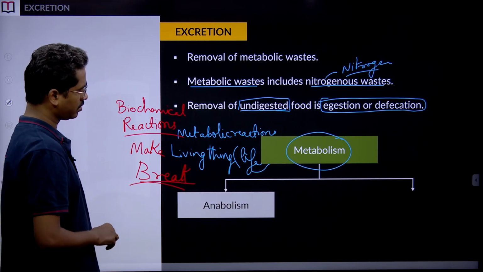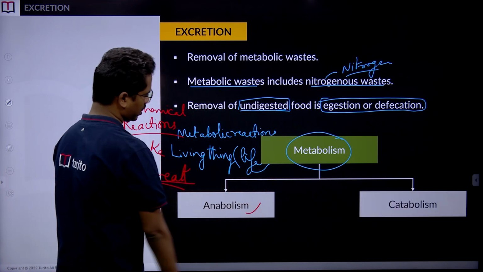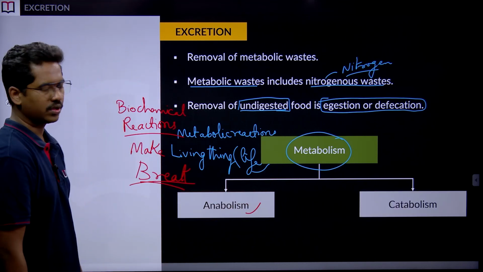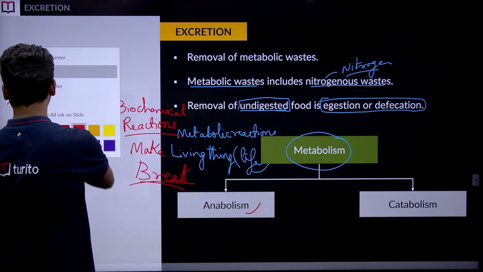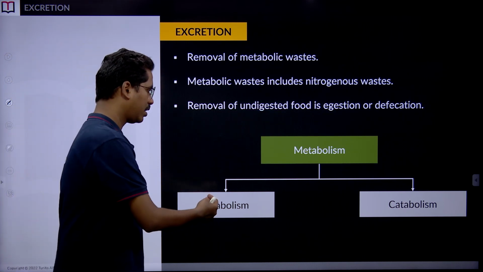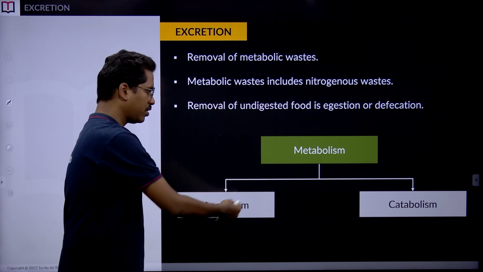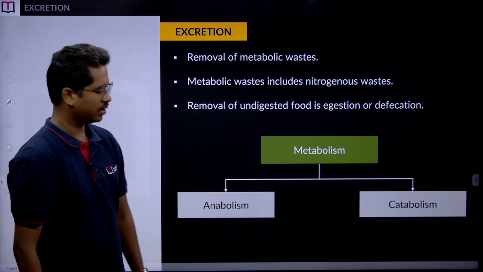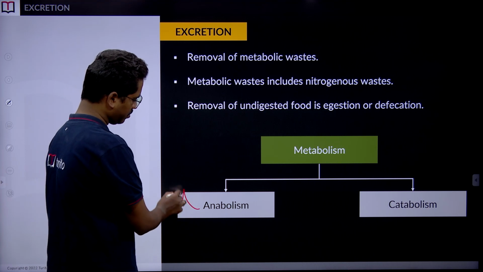So, this is the first thing we have to understand, what anabolism and catabolism are all about. Metabolism is basically the biochemical reactions occurring in the body, and that is divided into two types, anabolism and catabolism.